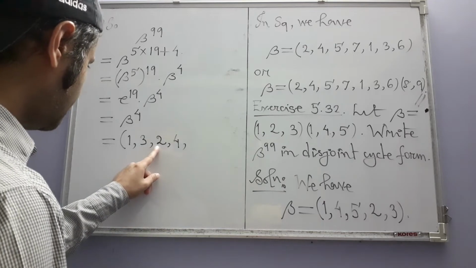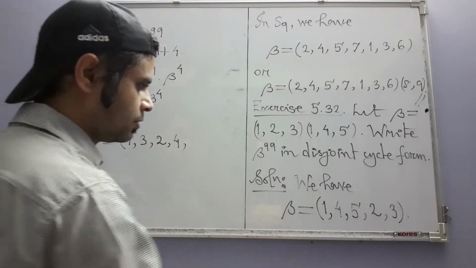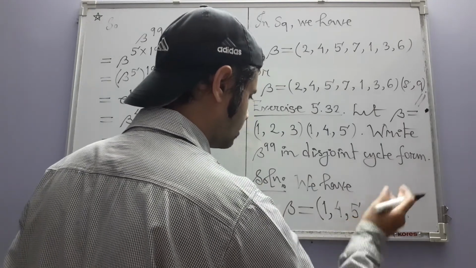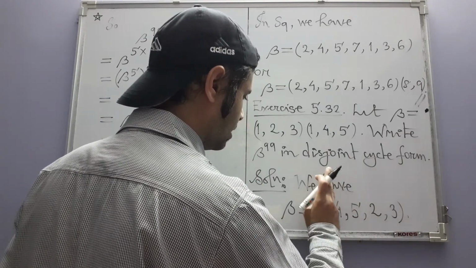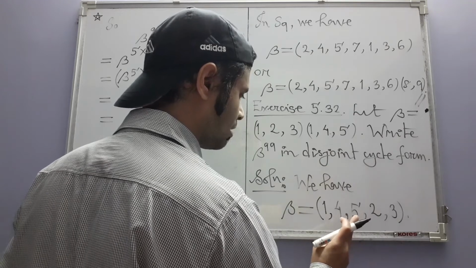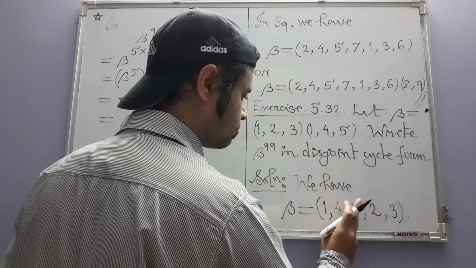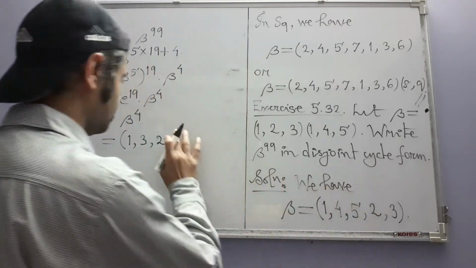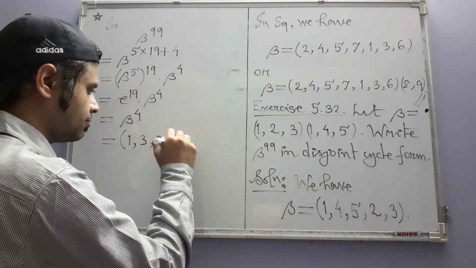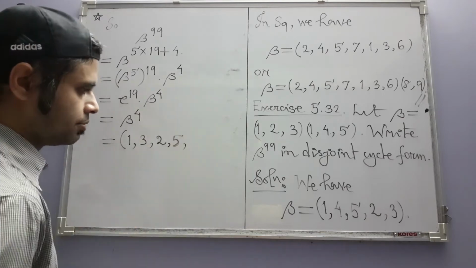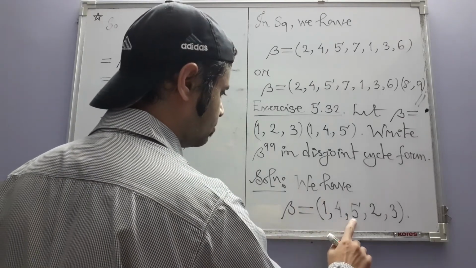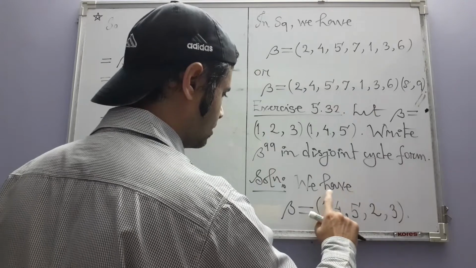I think I have made a mistake here. 2 goes to 3, that is once, then 1, that is 2 times we have applied beta. 3 times we apply beta, we get 4. 4 times we apply beta, we get, okay, this is 5. This is not 4. Then 5 goes to 2, 3, 1, 4.